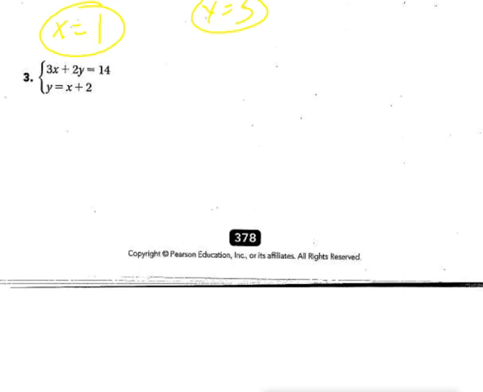Much faster this way, right? All right. So now in this problem, I have one expression in standard form, and the other one in slope-intercept form. At this point, I would probably just use substitution, since I know y is equal to this x plus 2. So I'm going to rewrite this first equation, 3x plus 2, but instead of y, I'm going to write x plus 2 is equal to 14.